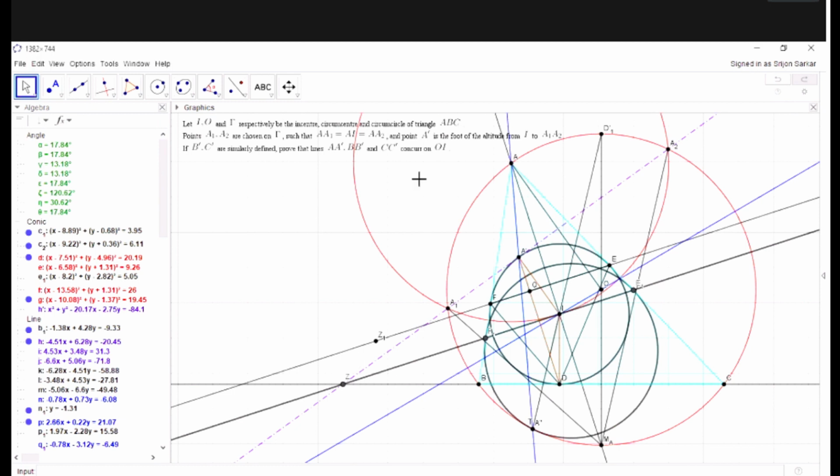Now claim 2 involves that Poisson thing I told about. So note that we will prove A dashed belongs to the incircle. It's just given that A dashed is the foot from I on A1, A2. We will prove that A dash lies on this incircle. That's trivial, and that follows from the Poisson thing that I told.